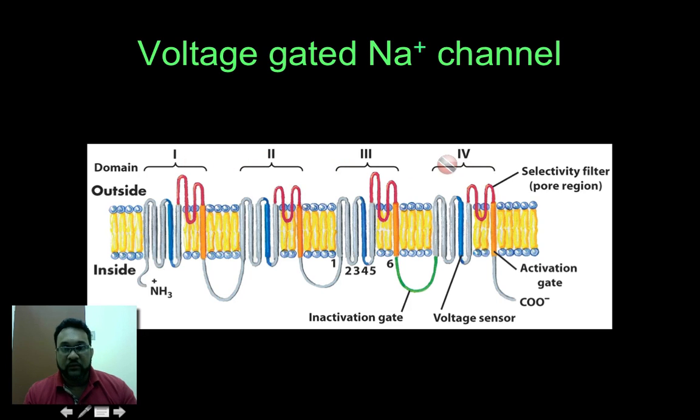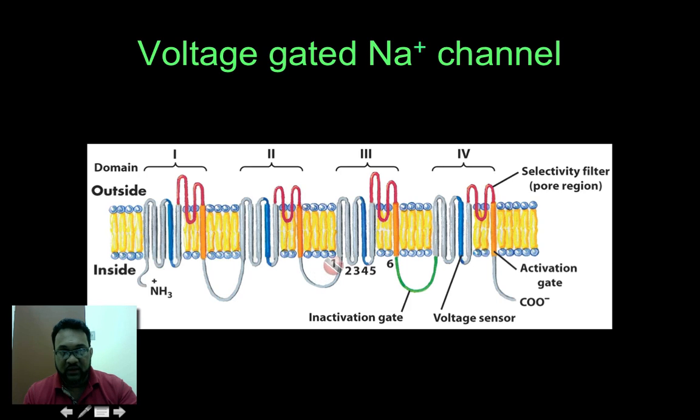Now, if you look carefully, each of these 4 domains are made up of 6 helices. And we can count them. Alright, let's count them. So again, each of these 4 homologous domains are made up of 6 helices, and you can count them. 1, 2, 3, 4, 5, and 6.